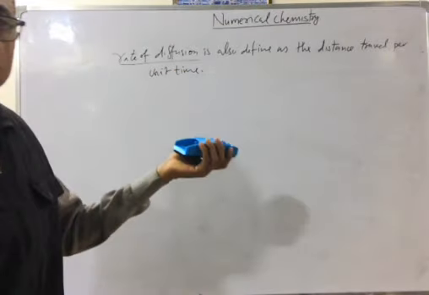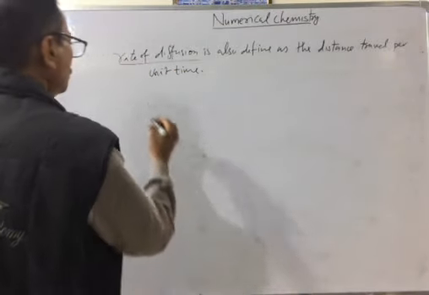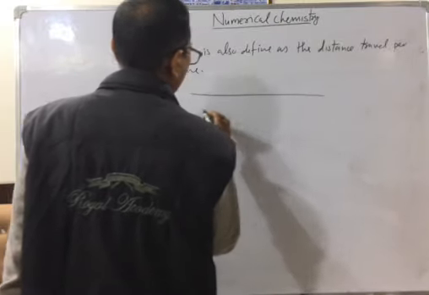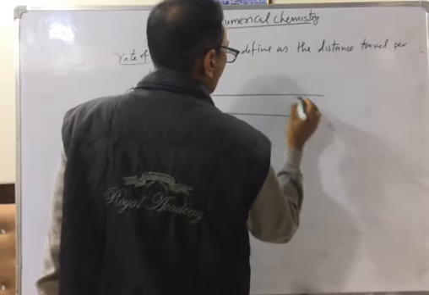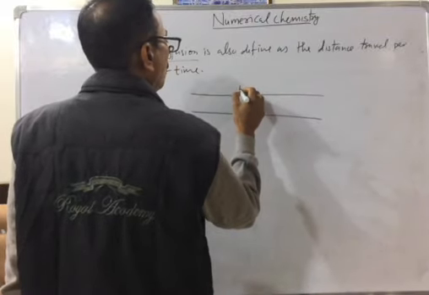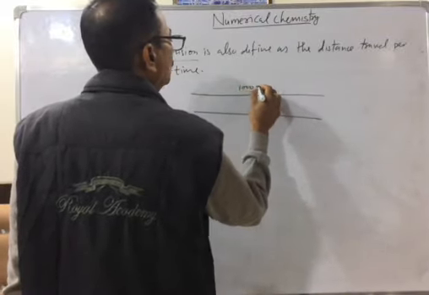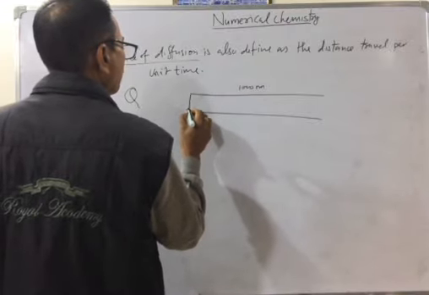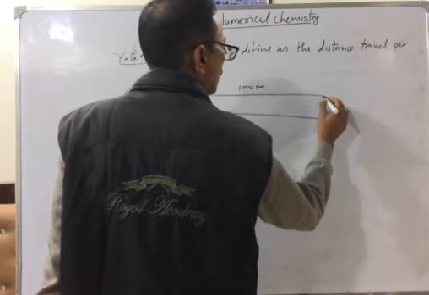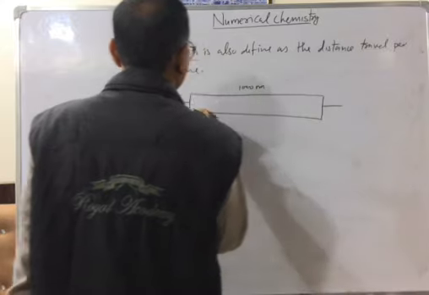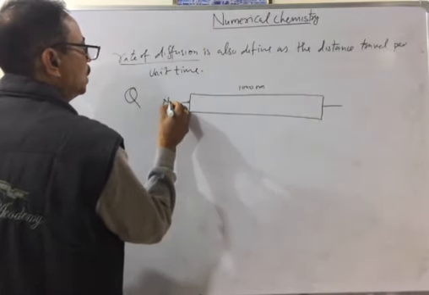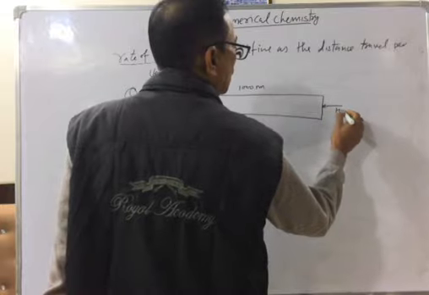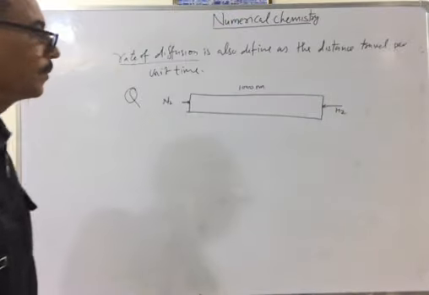Let us see through an example. Suppose there is a long tube. The tube is 1 meter long, that is 1000 mm. From here nitrogen gas is released, and from here hydrogen gas is released.